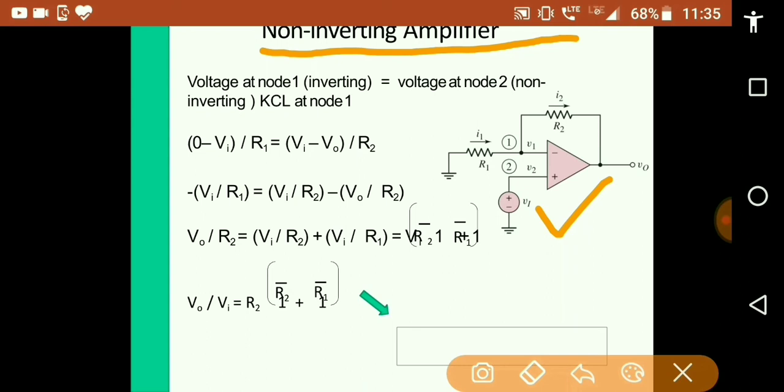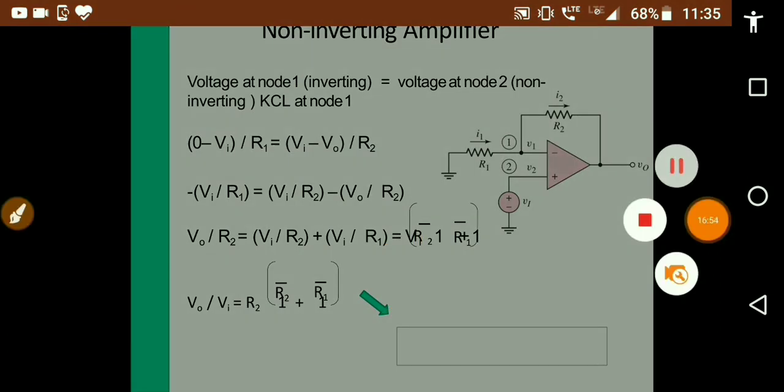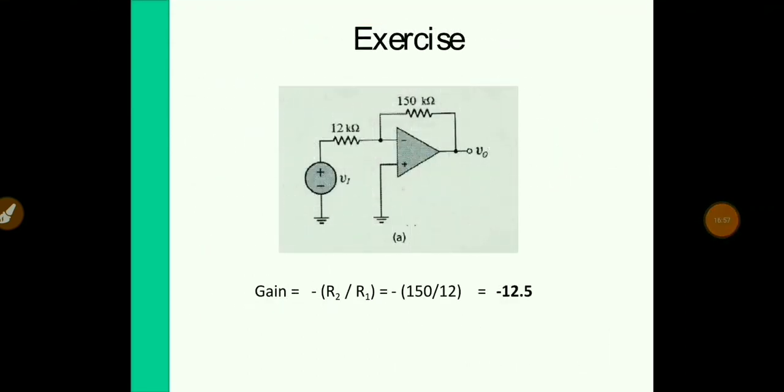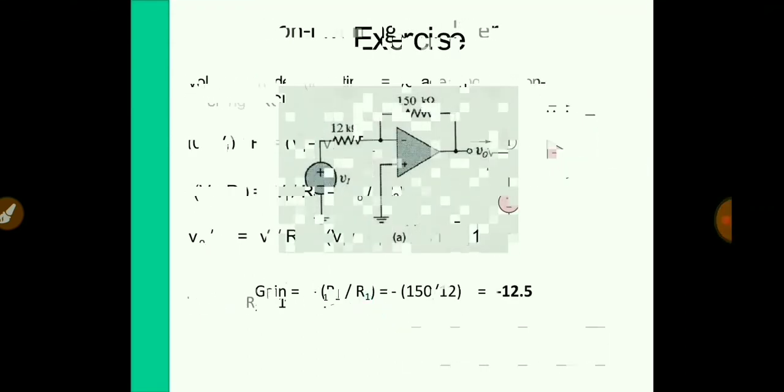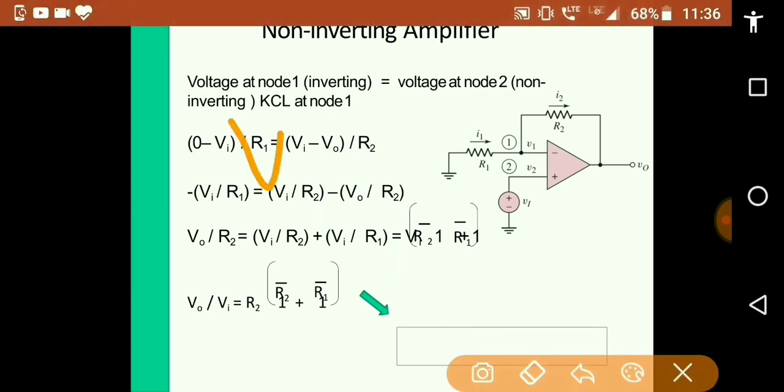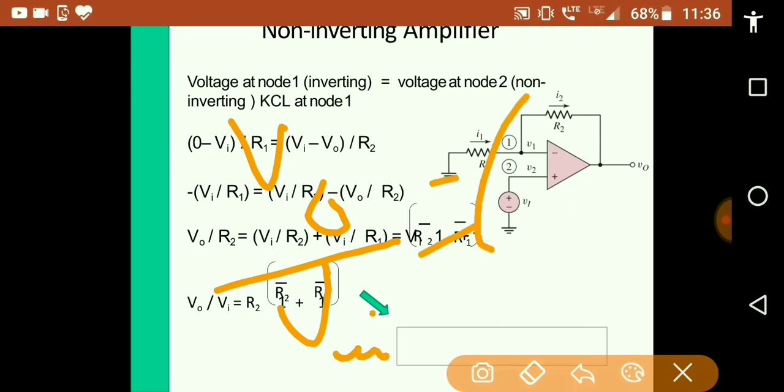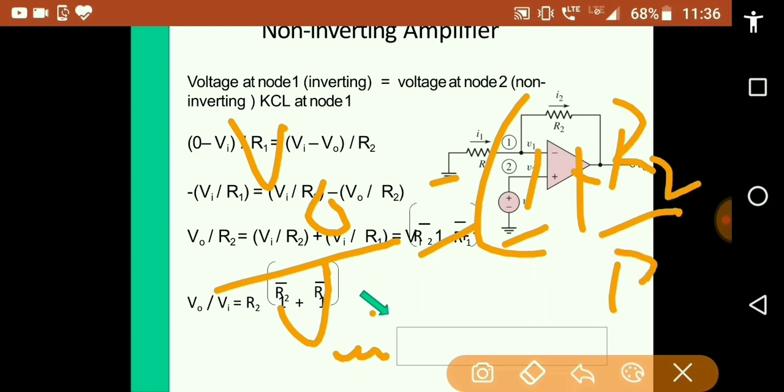So in the non-inverting configuration, the gain VO by V in equals 1 plus R2 by R1. So this is the gain of the non-inverting configuration, and this is the derivation.